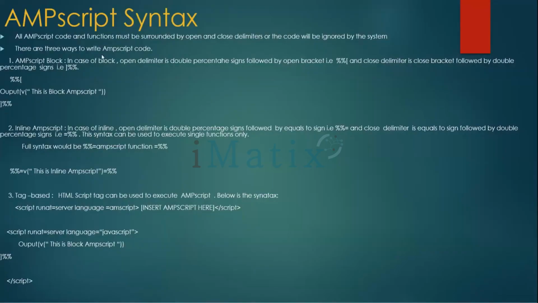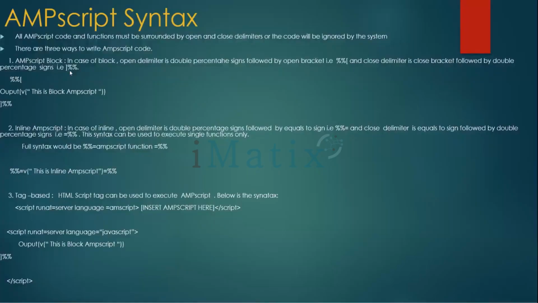There are three ways to write AMPscript code. First is the AMPscript block. In the case of a block, the open delimiter is a percentage sign followed by an open square bracket, and the close delimiter is a close bracket followed by a percentage sign.